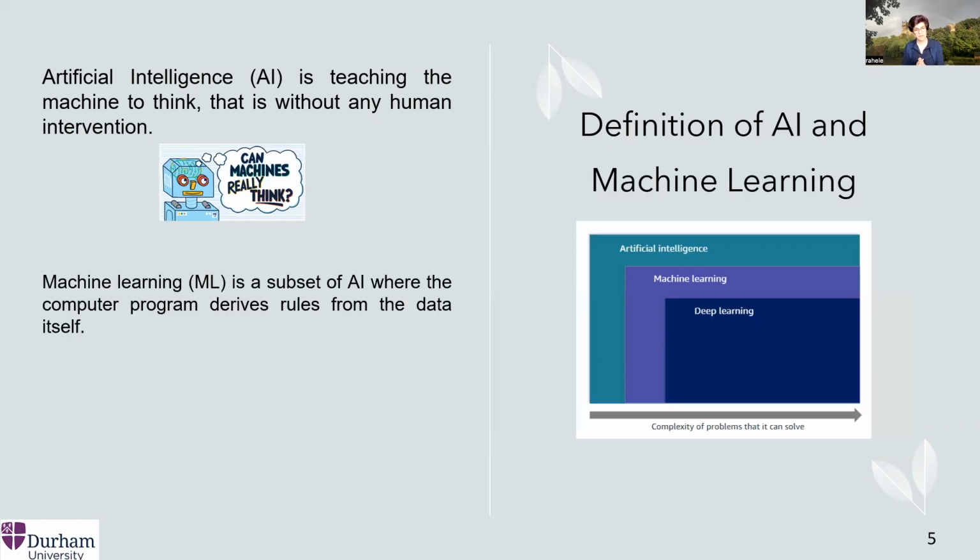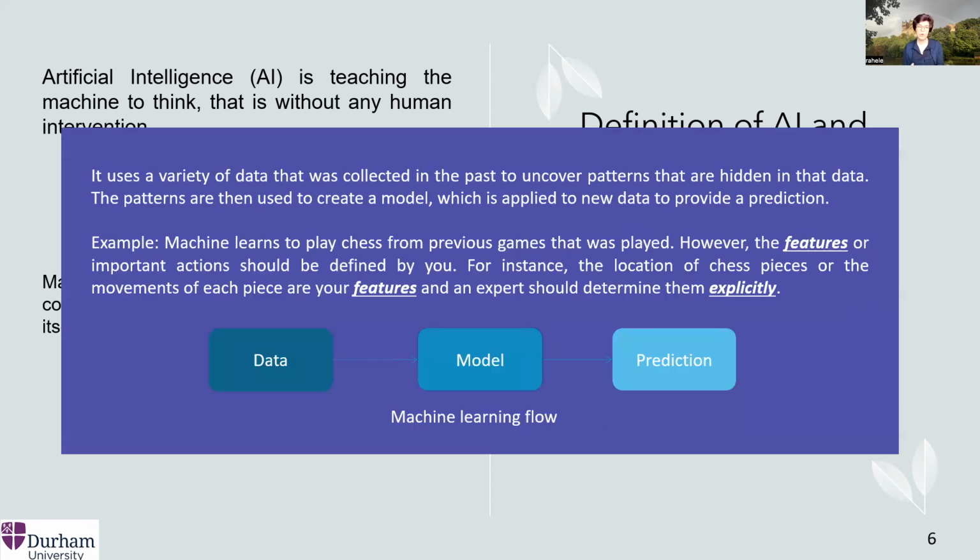As a subset of AI, we usually talk about machine learning, in which the computer program derives the rules from the data. The most important thing to consider in machine learning is that the features or inputs to machine learning should be defined by us. I mean, machine learning is not able to find the best features to work with.